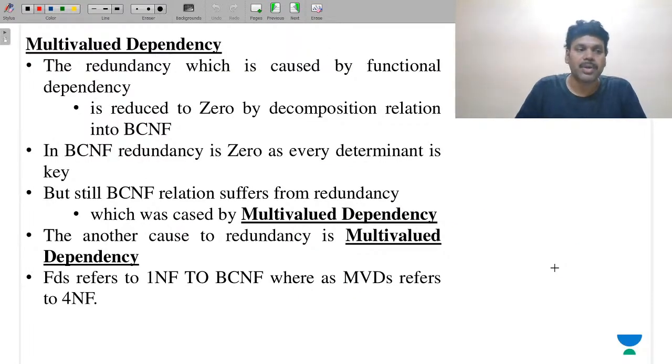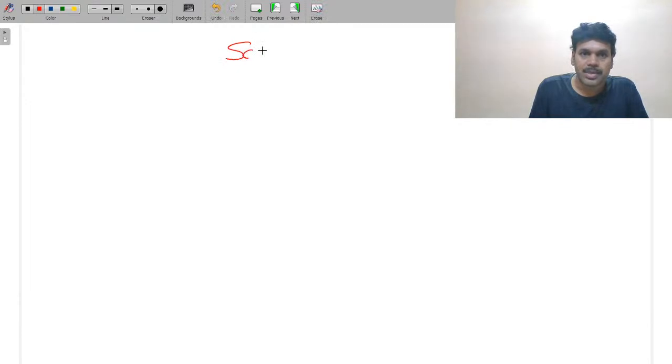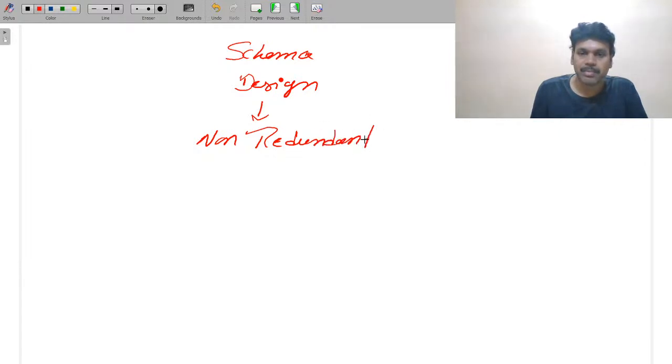Now, coming to the point, what is a multi-valued dependency? The main concept of schema design is that we would like to see a non-redundant schema design.